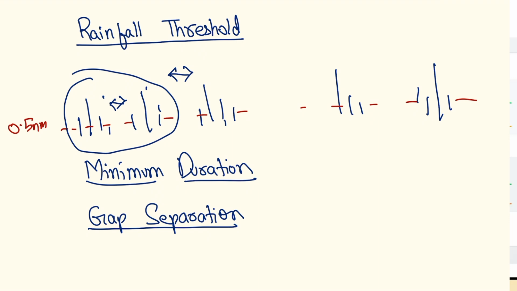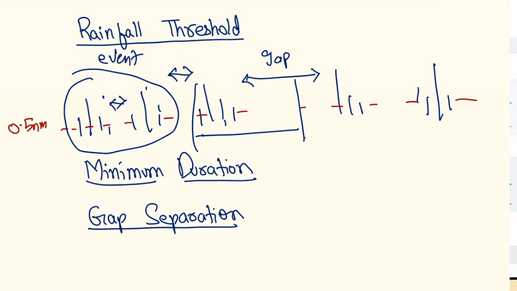For example, here the gap is very small, but here the gap is much larger, so this can be an event of its own, and this can be an event of its own. So this is what we have to define: the threshold, the minimum rainfall per interval, the minimum duration of how long the rainfall lasts, and the gap separation. A dry gap is needed to separate consecutive events.